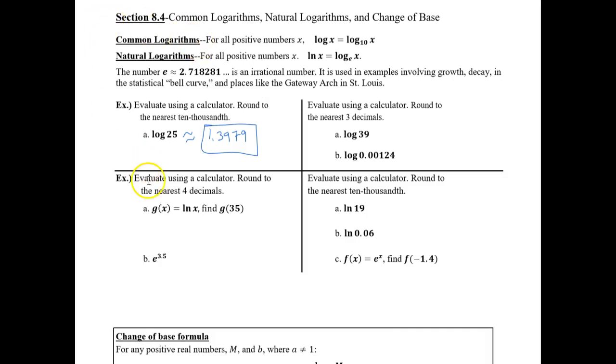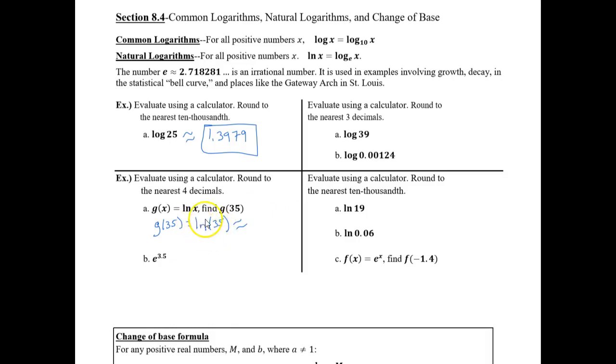Alright, below that it says evaluate using a calculator, round to the nearest 4 decimal places. So first of all, we have a function here. It says the function g of x equals ln of x. And we're asked to find g of 35. Well, we know when we evaluate functions, we plug in. So in this case, wherever I see an x, instead of writing x, I'm going to write 35 in there. And essentially, we're just finding the natural log of 35.